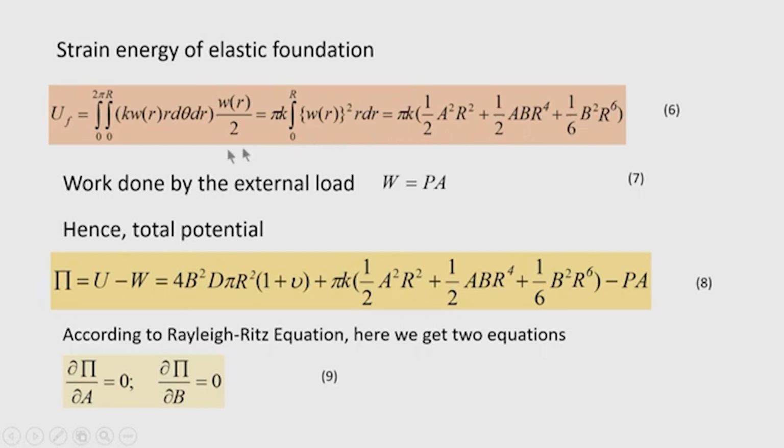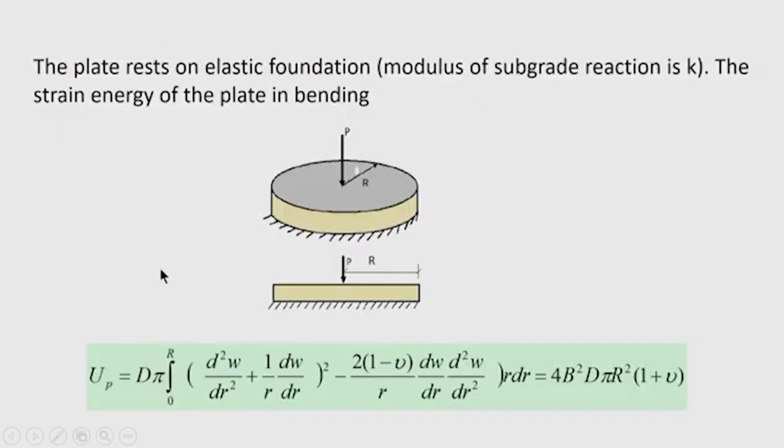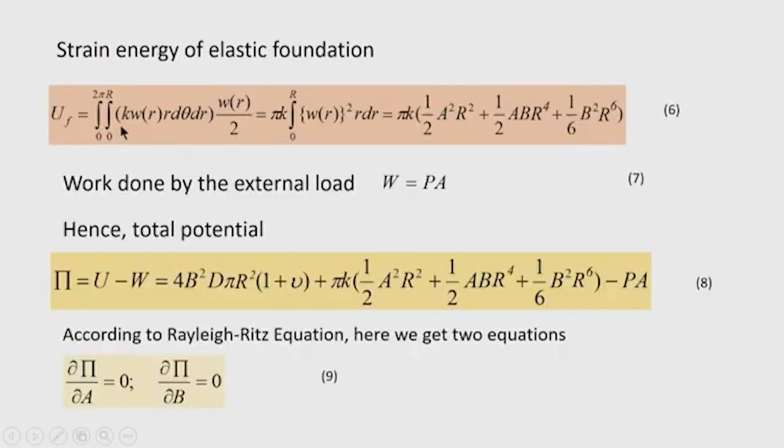So, here the strain energy expression U f will contain this A square term, A square r square, where A square is coming from the deflection surface, in which we have introduced the one rigid body displacement, that is a constant A. So, the strain energy of the foundation contains this term plus half A b r square plus 1 by 6 b square r to the power 6.